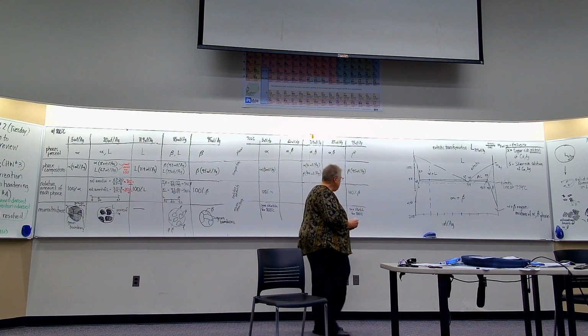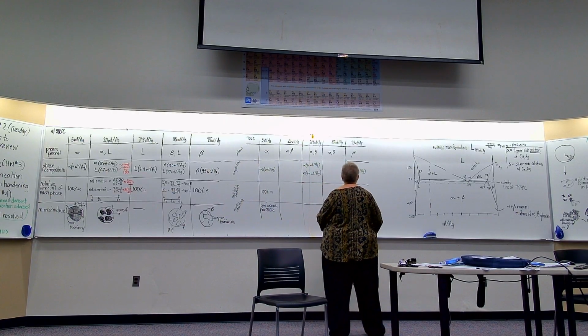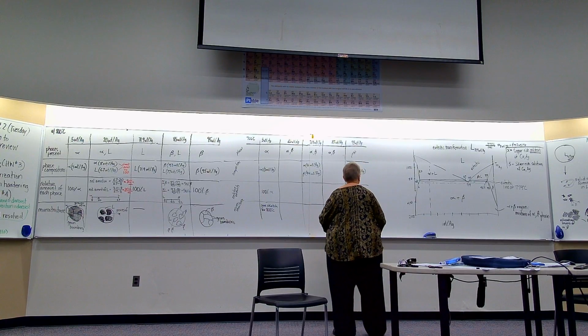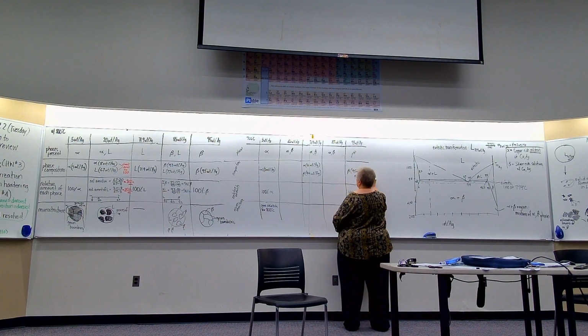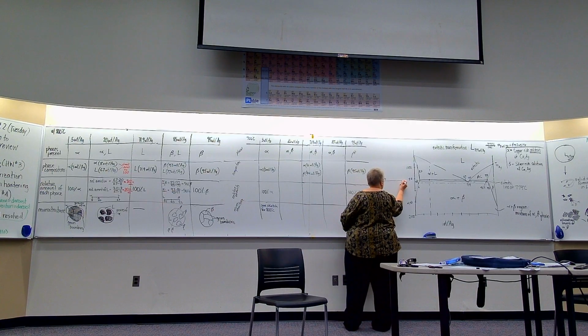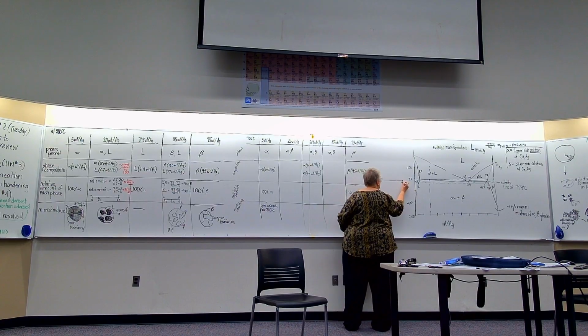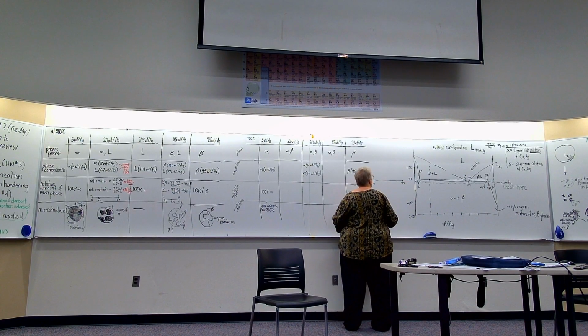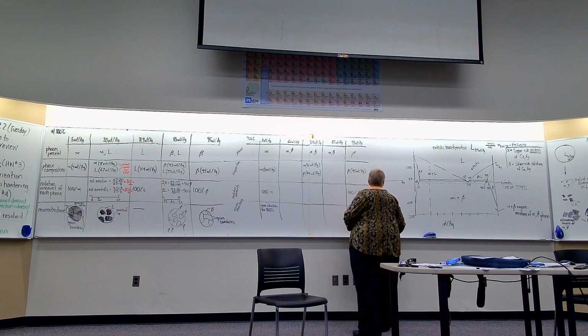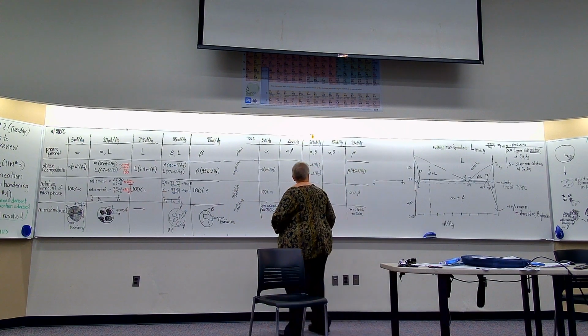For the other two, let's see. The eutectic line goes from 6 to 94 with a fulcrum depending on which composition we have.